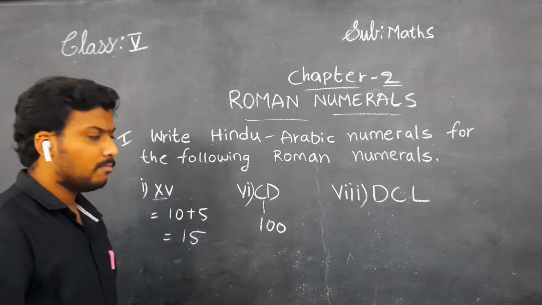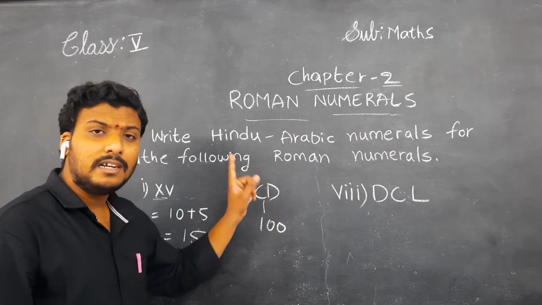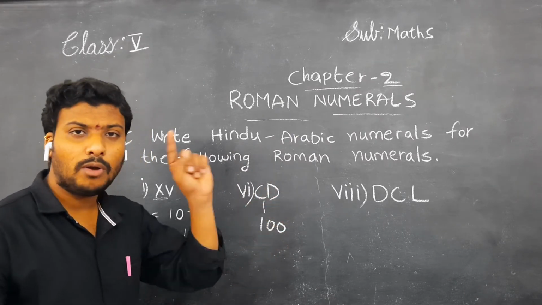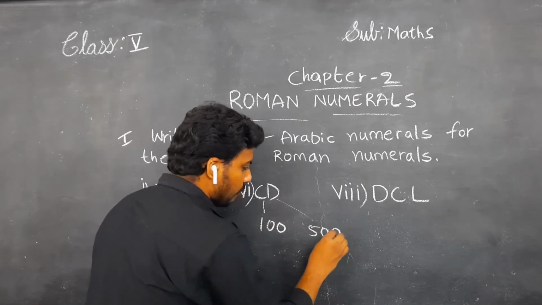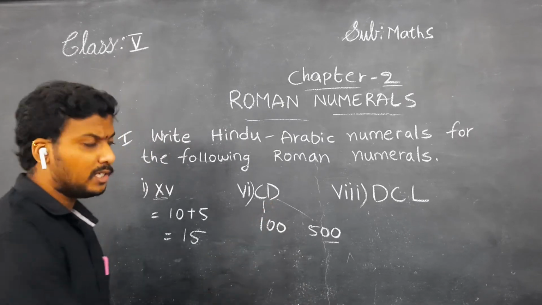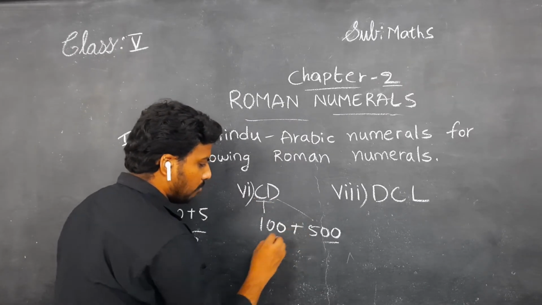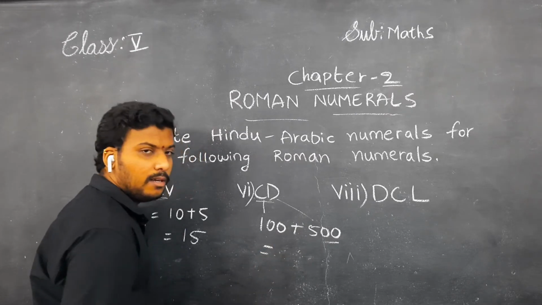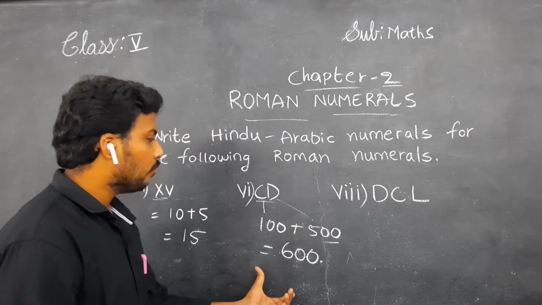Then what's the value of D? D is a letter that represents one value. What is that value? 500. They are combined, so we need to add both of them. 100 plus 500, how much, children? 600 is the value for this, children.